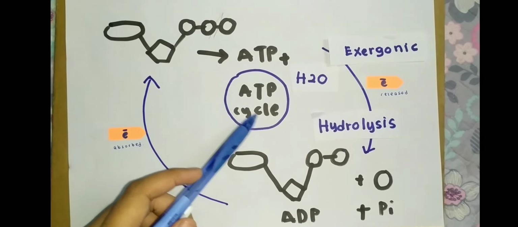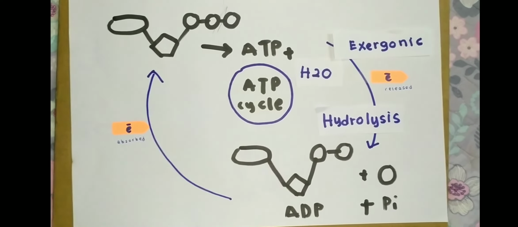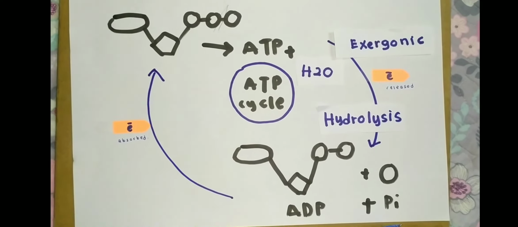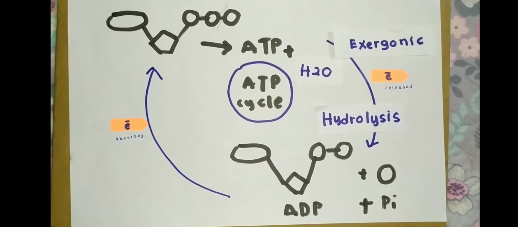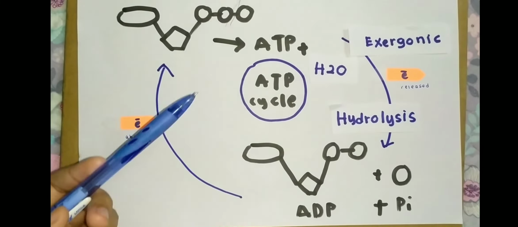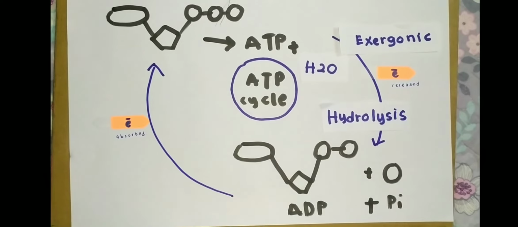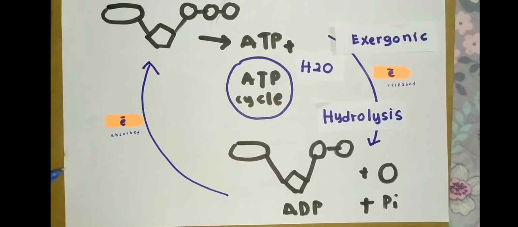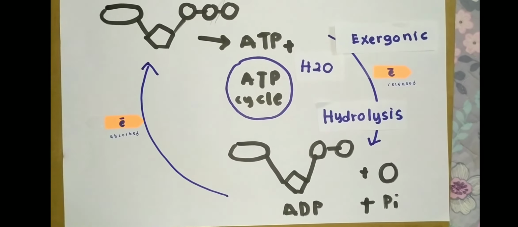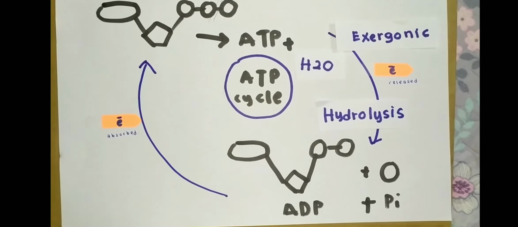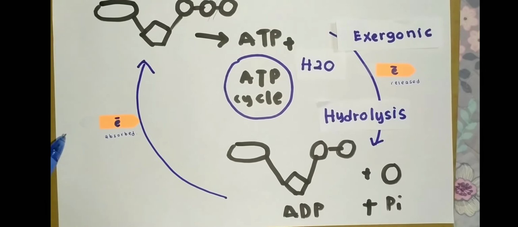The cycle really happens when ADP plus phosphate react to form ATP all over again. ADP plus phosphate will undergo ATP synthesis to become ATP again.